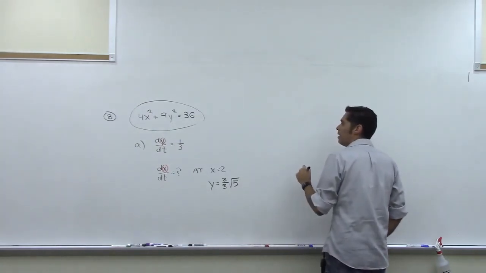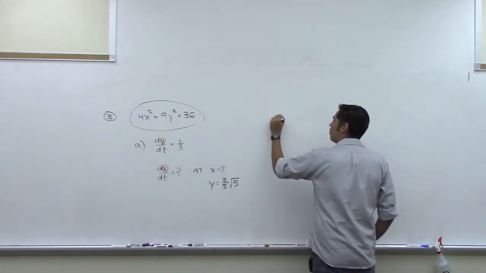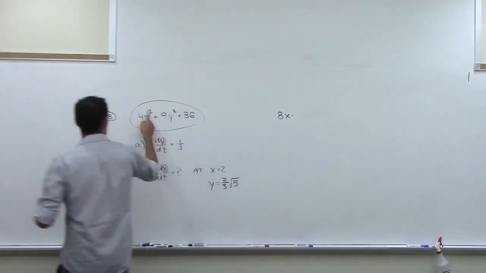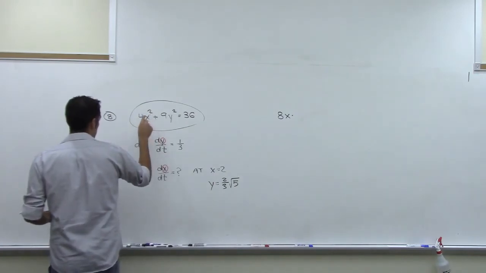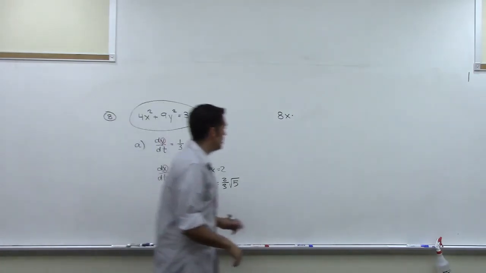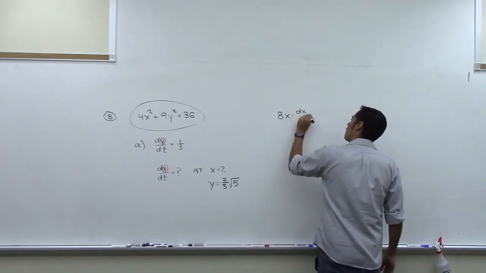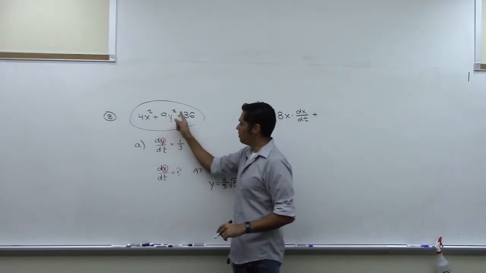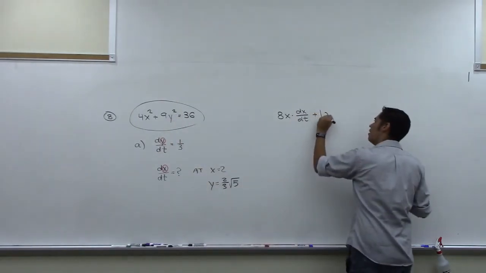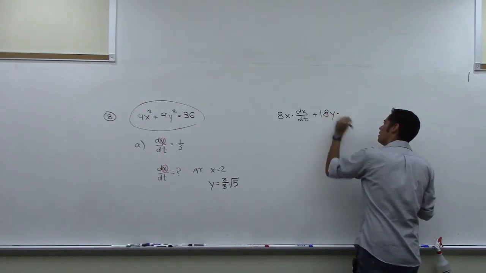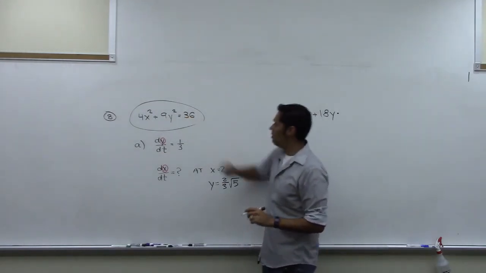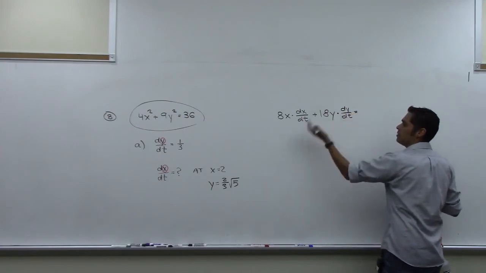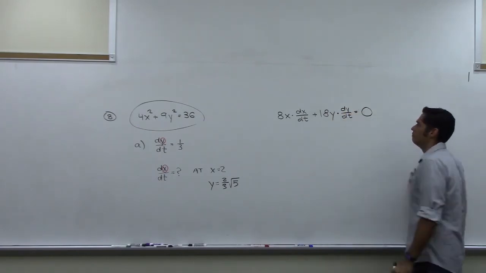So the derivative of 4x squared with respect to time will be 8x times, I just did the power rule, the 2 came out, replaced with a 1, and now I take the derivative of x with respect to time, which is dx/dt, plus, now I take the derivative of 9y squared, so the 2 pops out, we get 18y to the first power, times the derivative of y itself, which would be dy/dt, and then equals the derivative of the right side, which is 0.